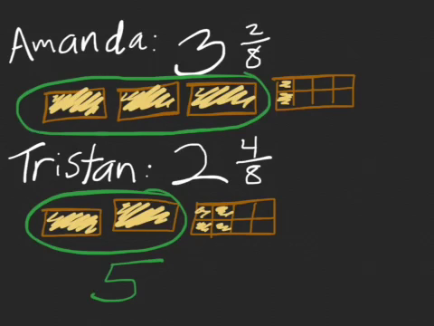But wait, we're not done. We still have those little bits and pieces, and they count for something. We've got 4/8 and 2/8 together. Well, let's imagine for just a second that we can move around the candy bars from one person's stash to another. And let's move these 2/8 from Amanda's stash to Tristan's.